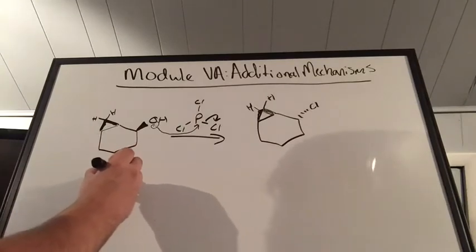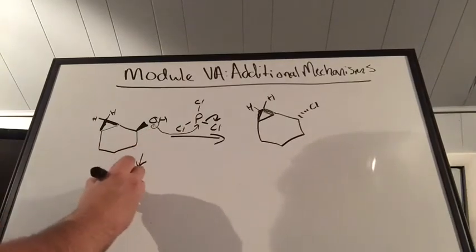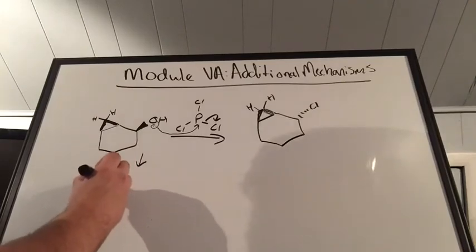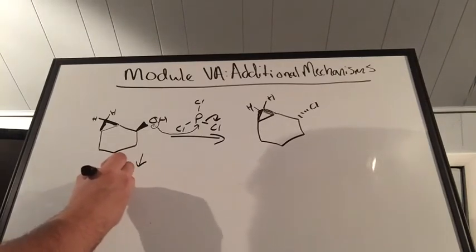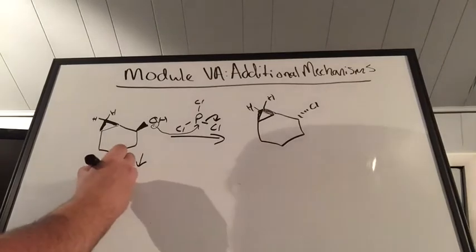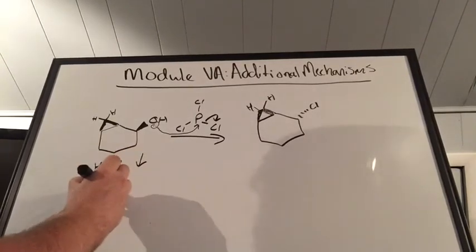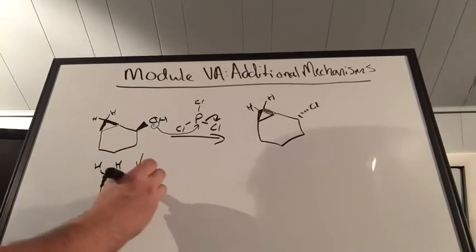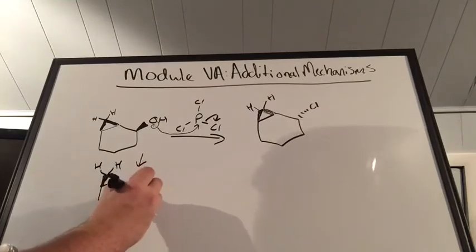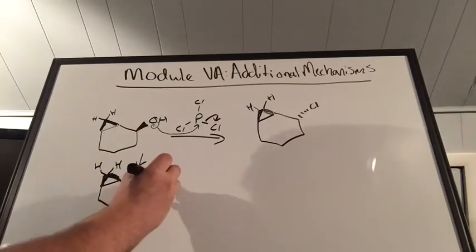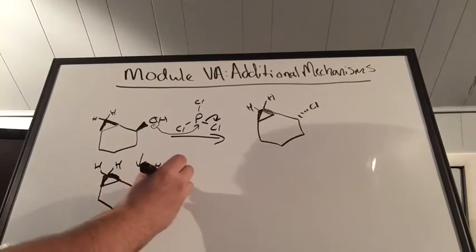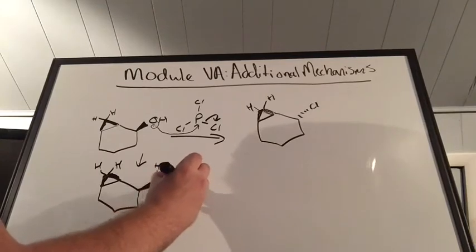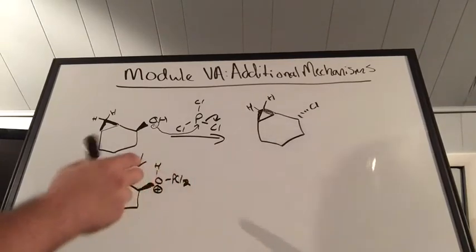Okay, so having this charged intermediate now, so in other words, you've already kind of initiated some sort of charge separation, with positive charge on that oxygen, PCl2.